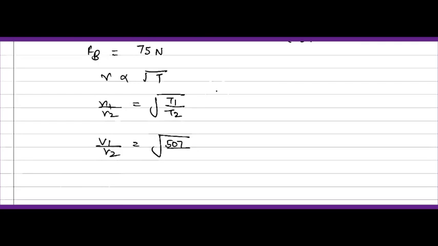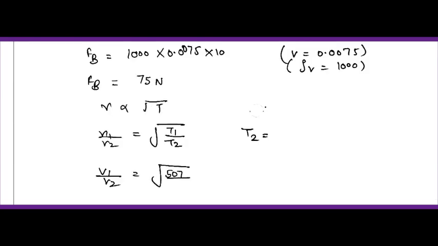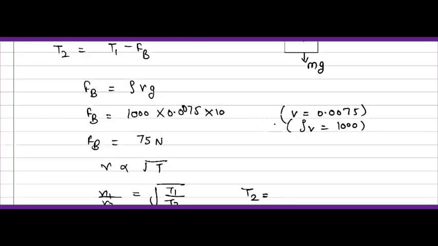Tension 2 equals T1, that is 507, minus FB, that is 75. So this equals 432 Newton. This is our tension 2. This is tension 1 and this is tension 2 here.